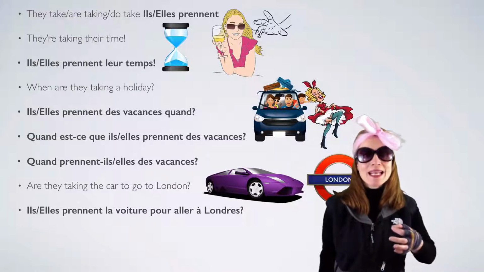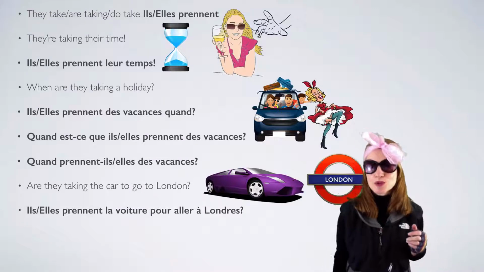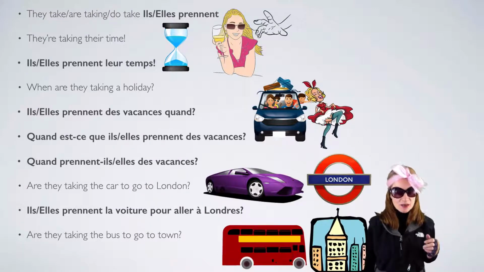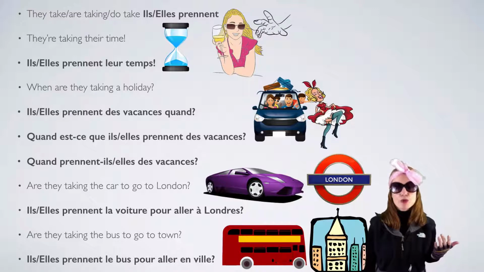Ils ou elles prennent la voiture pour aller à Londres? Are they taking the bus to go to town? Okay, in town is en ville. Ils ou elles prennent le bus pour aller en ville?